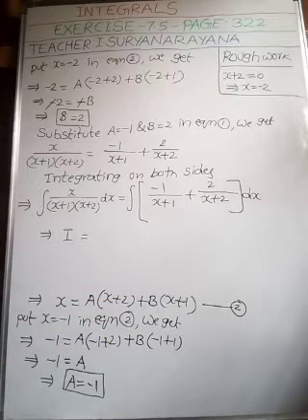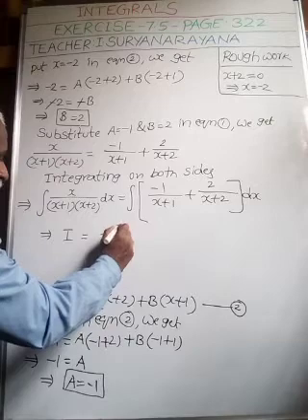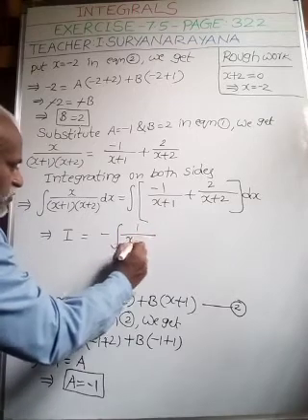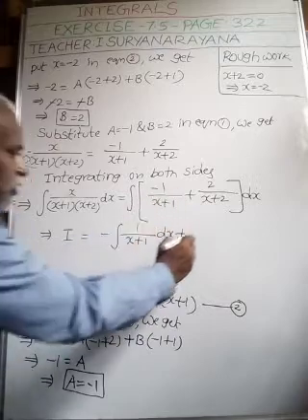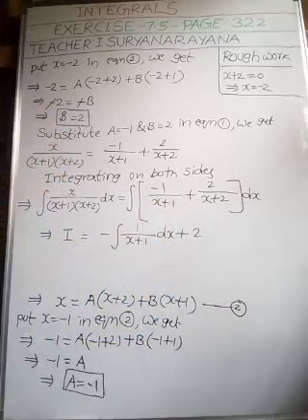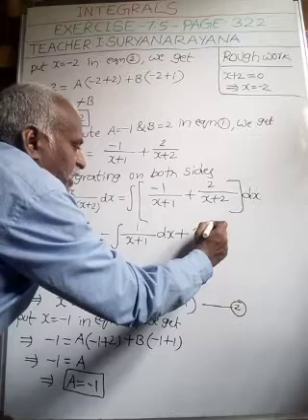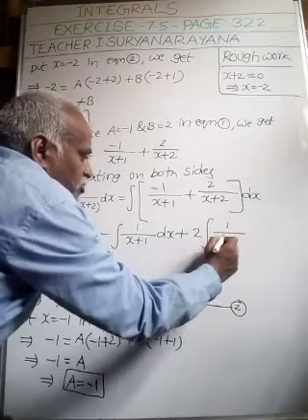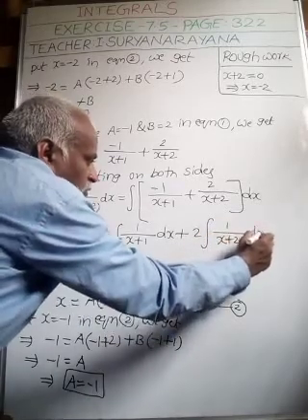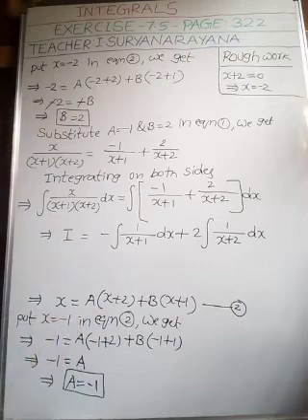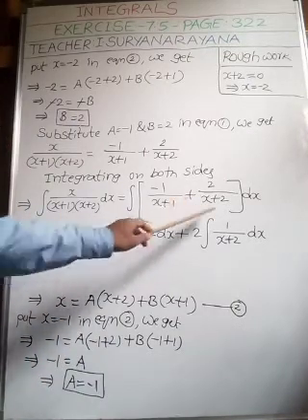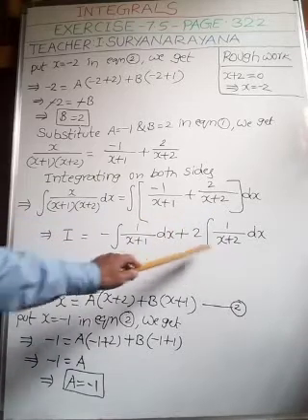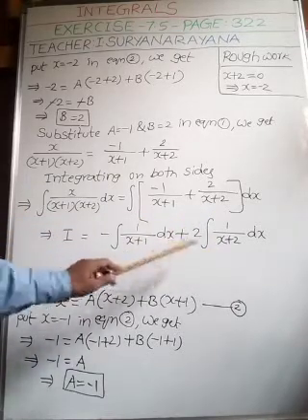So I am writing directly minus integral of 1 by x plus 1 dx plus 2 into, because 2 is a numerical coefficient, I am writing it before the integral sign, 1 by x plus 2 dx. Understood this step, my children? Here I am finding the integral of these two terms separately. So I wrote this step. Understood this step, my children?